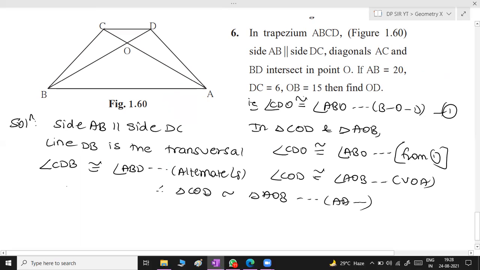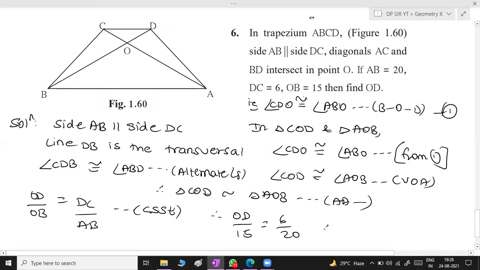Now take the corresponding sides, that is OD upon OB is equal to DC upon AB. If I'm not wrong, the reason is CSST. Substitute the values. OD upon 15 is equal to 6 by 20.